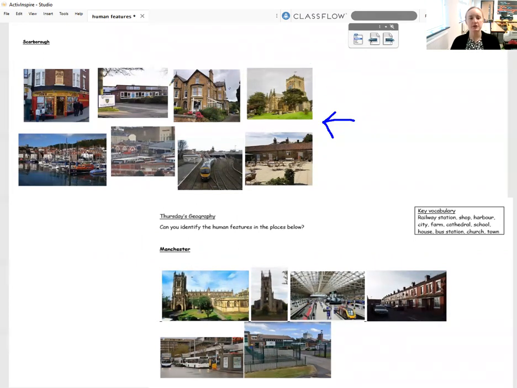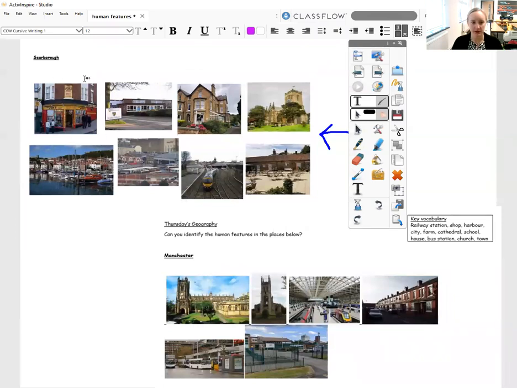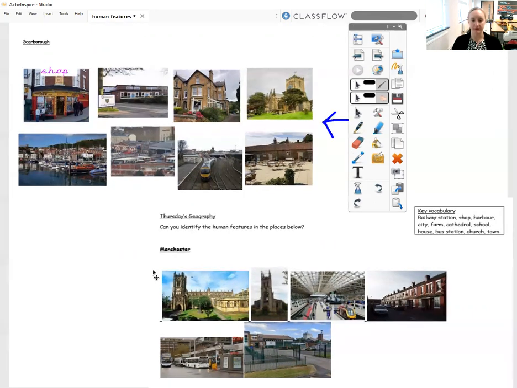And what I want you to do is look at each of these pictures and tell me the human feature that you can see. For example, I'll do the first one with you, but I won't do any more. If we look here at this first picture, I can see that this is a shop. So that is the first human feature that I would label. And I want you to do each of these human features in Scarborough.